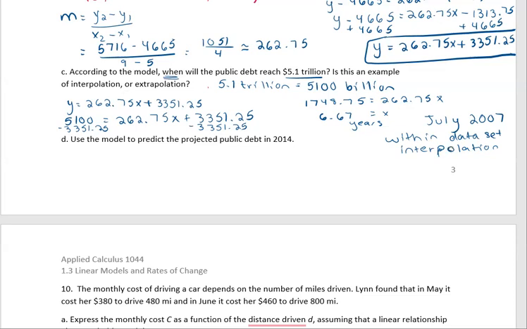And the last part, use the model to project the public debt in 2014. Well, 2014, that would be an x of 14 because we're looking at the number past 2000. So this time we don't have our y value. Instead, we have our x value.